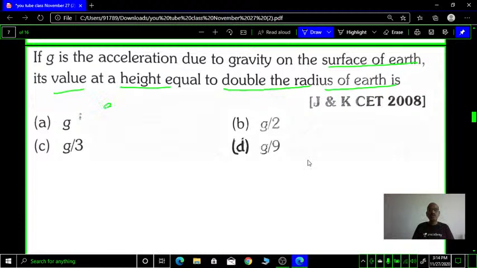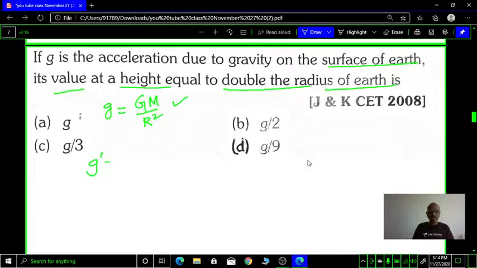We know the relation between small g and capital G, right? Small g equals capital G M by R square. We know very well, it is on the surface of the earth. Now see its value, small g, at a height equal to double the radius. If you go to a certain height, the distance will be twice, as given in the problem.